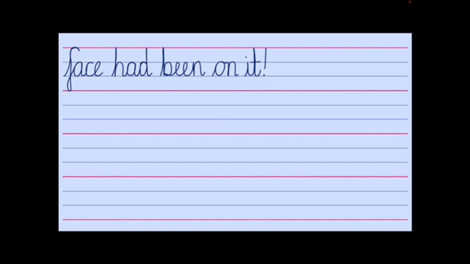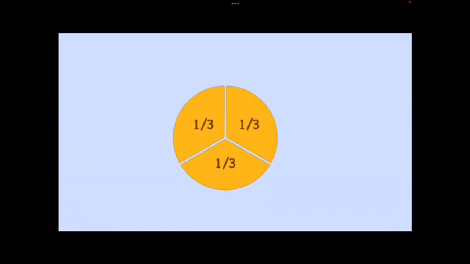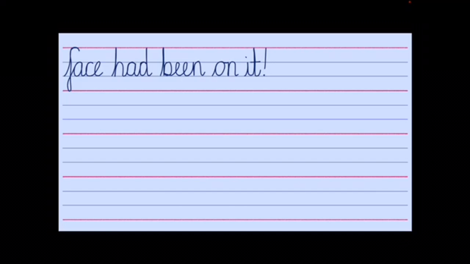Let's find out what happens next. Ooh, something to do with fractions. Creation had then sat facing Shannon. So a new paragraph.